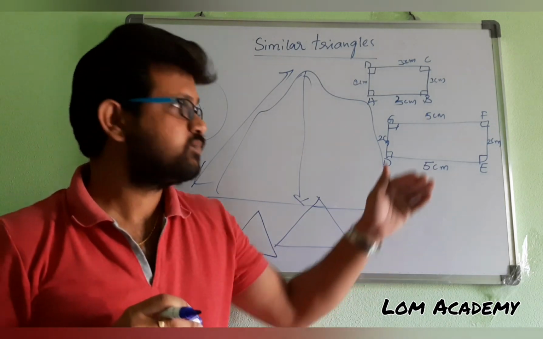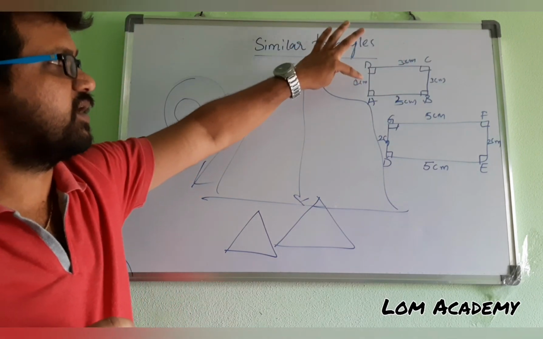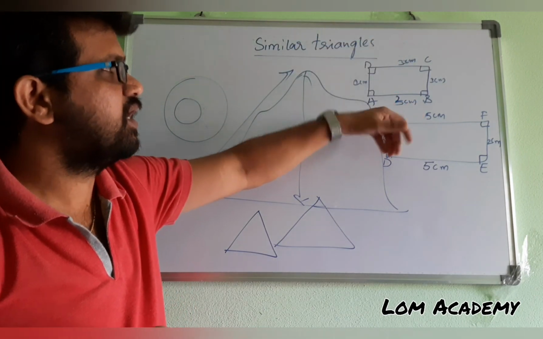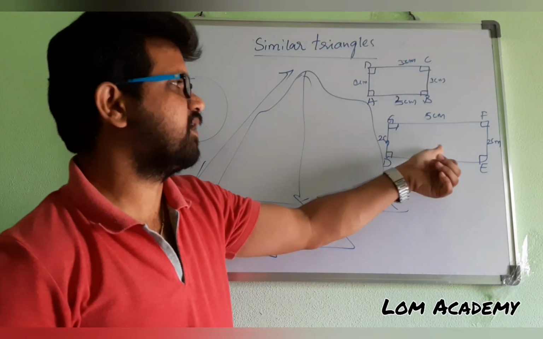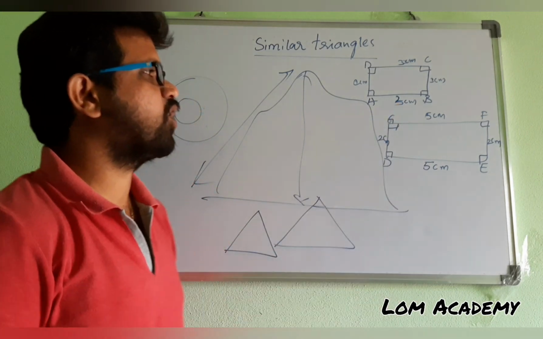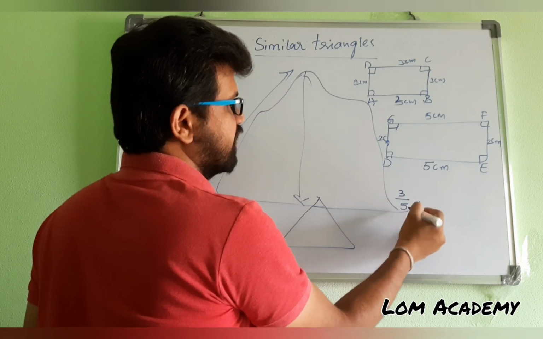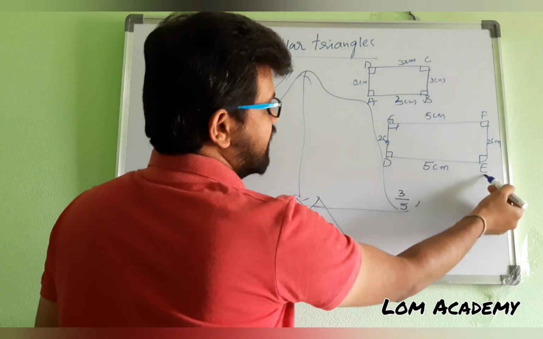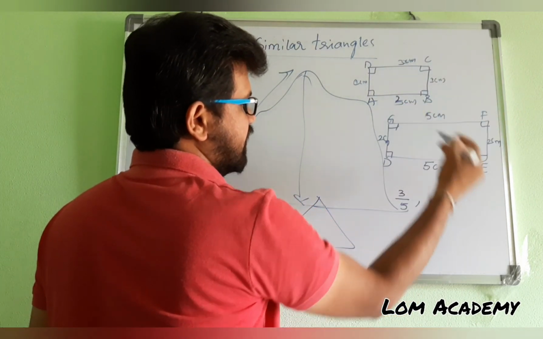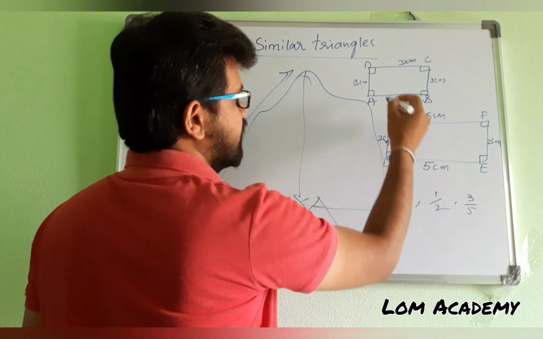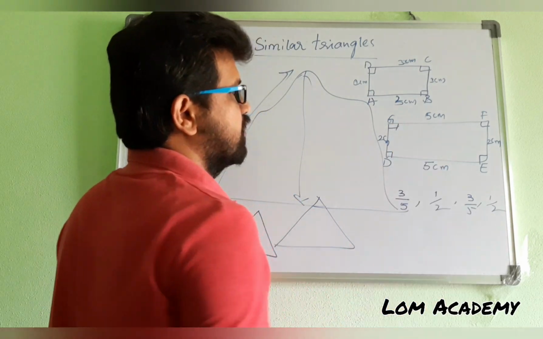If two rectangles are similar, then corresponding angles must be equal, and also corresponding sides are in the same ratio. See here, corresponding angles are equal, but corresponding sides are not in the same ratio, because AB by DE is 3 by 5 and BC by EF is 1 by 2, and CD by FG is 3 by 5 and DA by GD is 1 by 2.